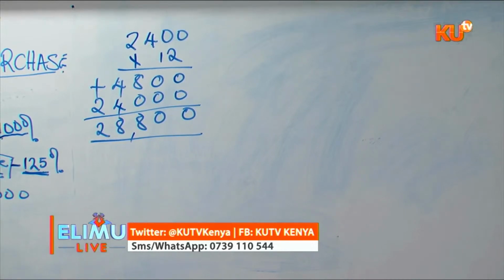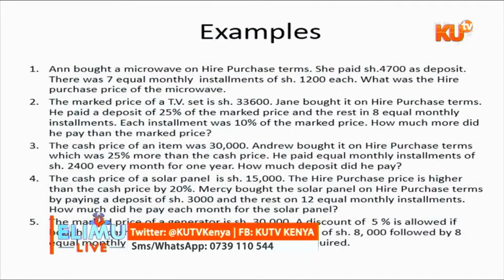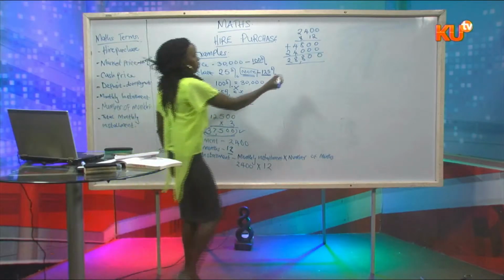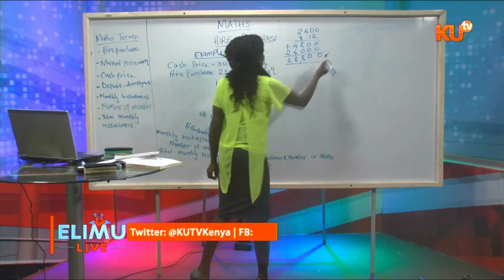The question is how much did he pay as the deposit, or how much deposit did he pay? We have our hire purchase here. And then now we have this one, which is the total monthly installment.